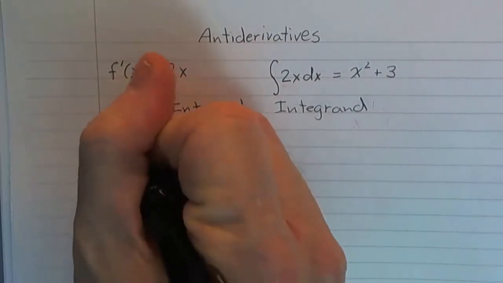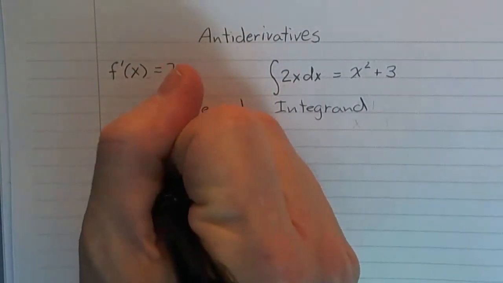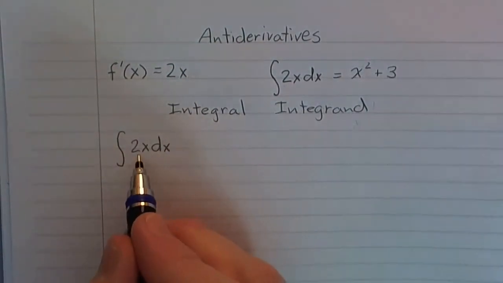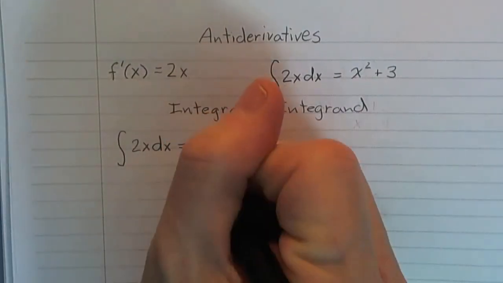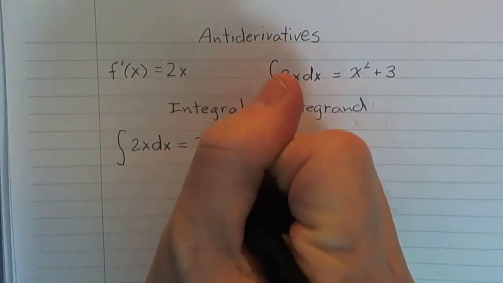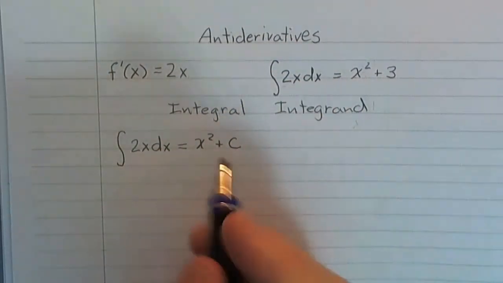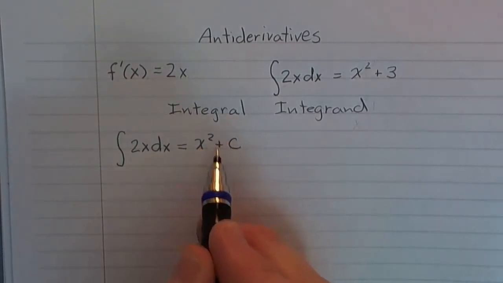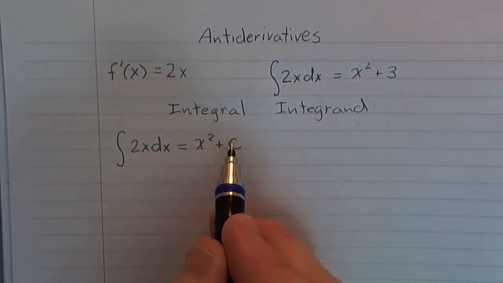In fact, you could say there are an infinite number of things I could differentiate to get that, but they all just differ by a constant. In other words, they're all going to be of this form. They're going to have an x squared in them, but then they're going to have a constant added to it.